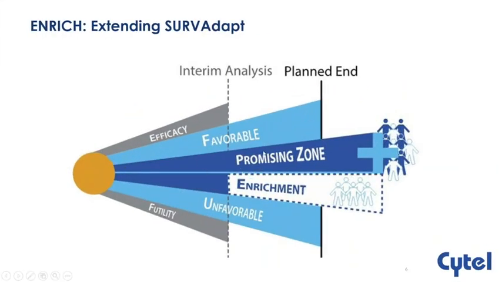So if your results fall into the promising zone, then you will increase the sample size in the full population. If the results fall in the enrichment zone, you would increase the sample size for the subpopulation of interest alone.